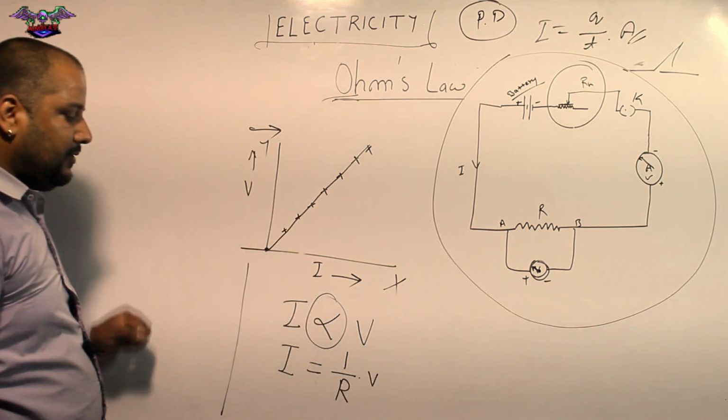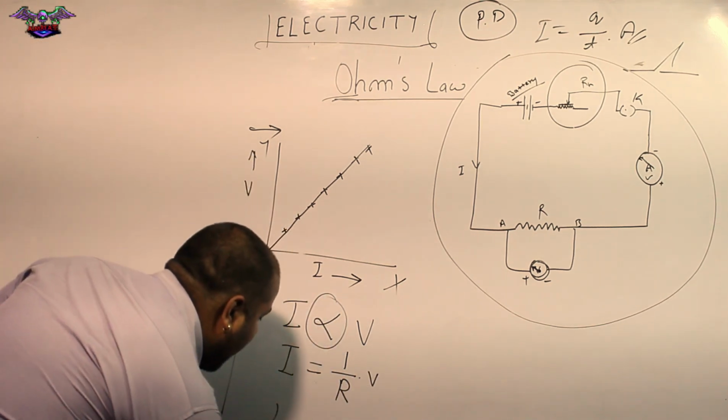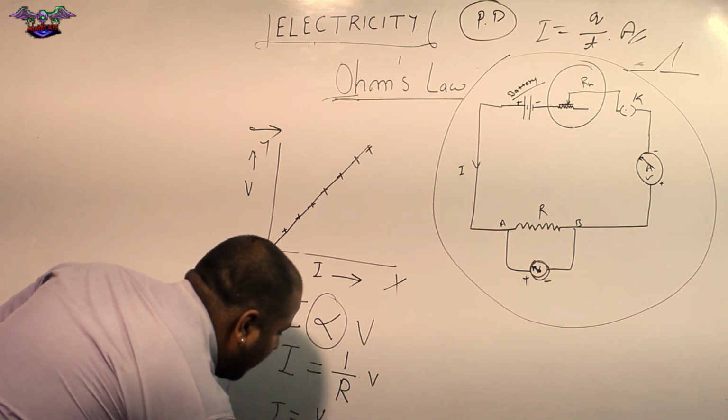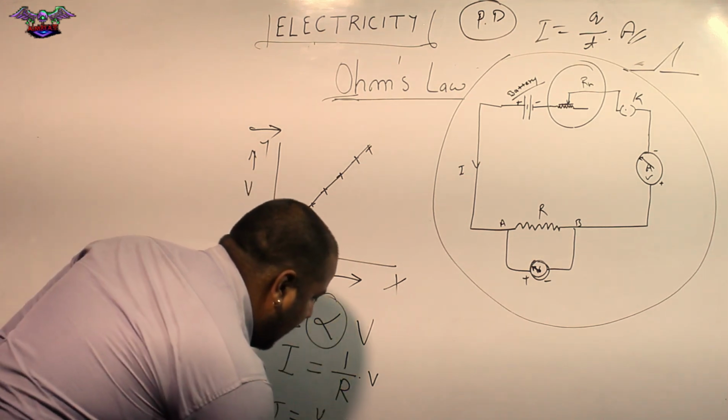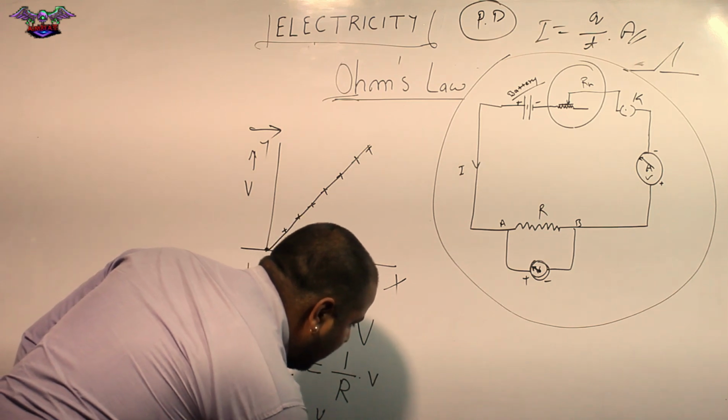So I equals V upon R, that means R equals V upon I.